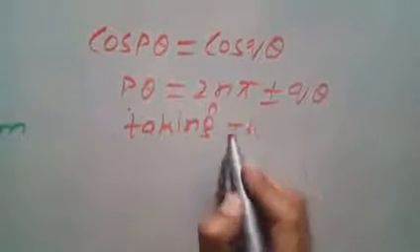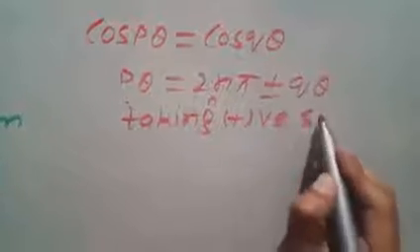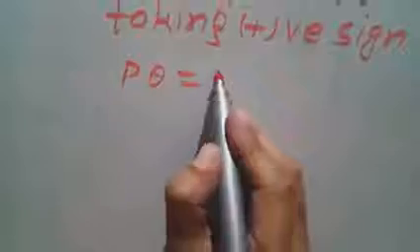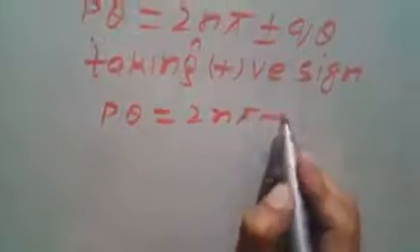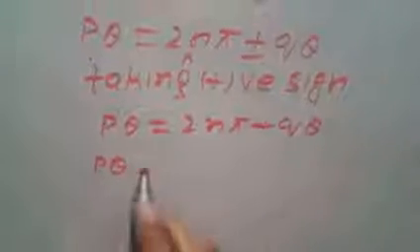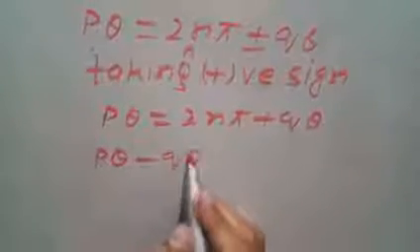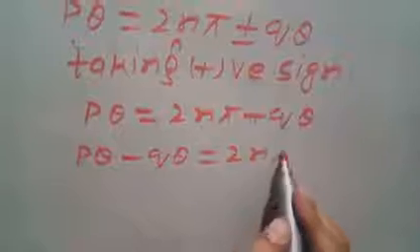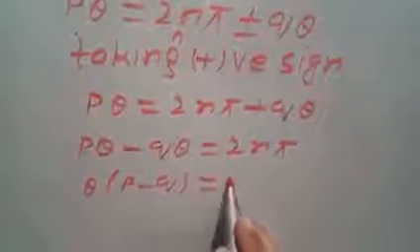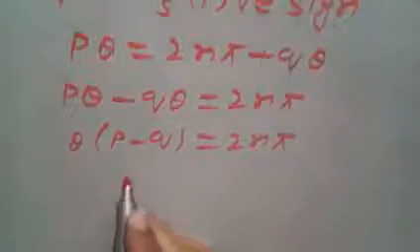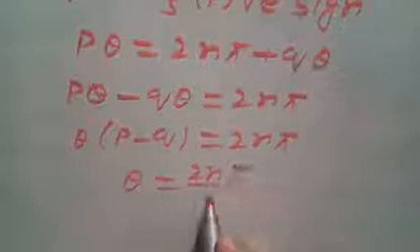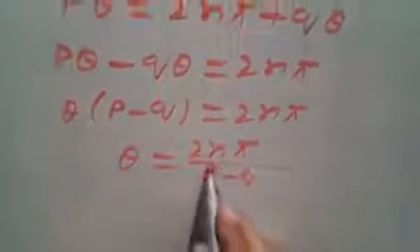Taking the positive sign, pθ = 2nπ + qθ. So pθ, here is positive, so here is negative. If we take θ as common, (p - q)θ = 2nπ, so θ = 2nπ/(p - q).